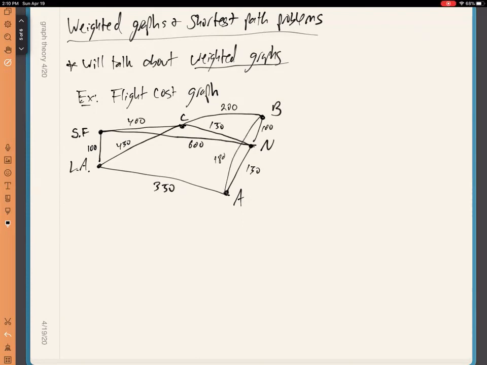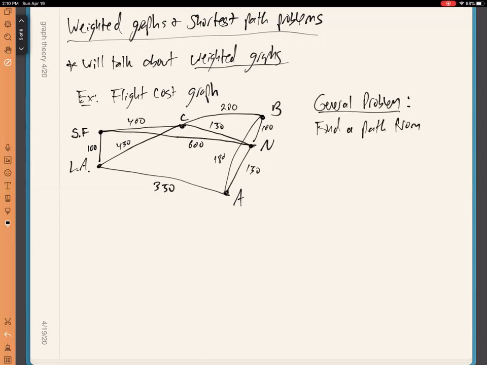Right, so this is an example of a weighted graph where each edge denotes a flight from the first city to the second, and on the edge I have the cost of the flight. And so what is the general problem associated with these types of graphs? Well, I want to find a path from one point to another with minimal cost, right?